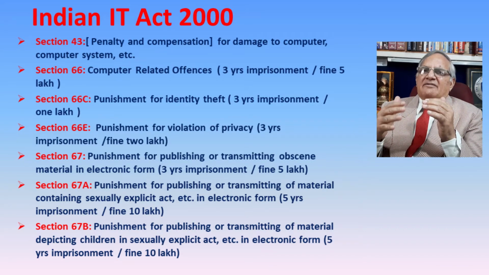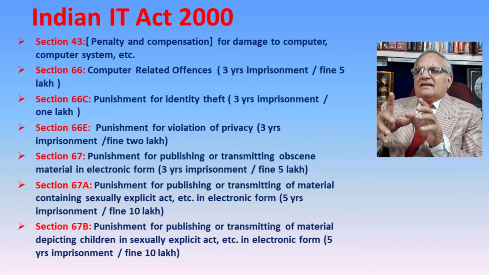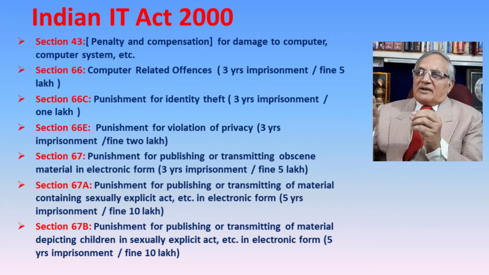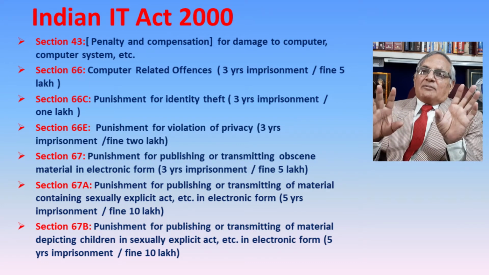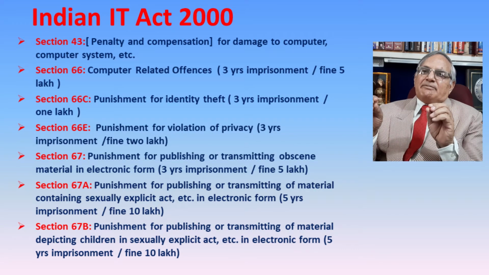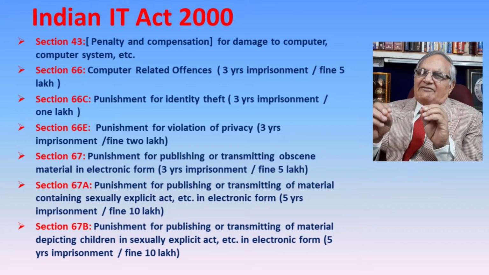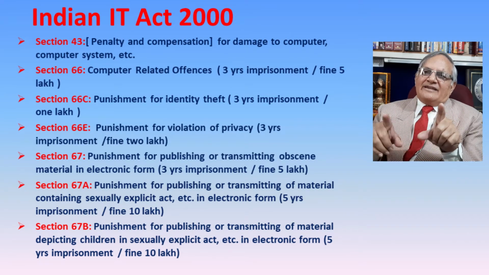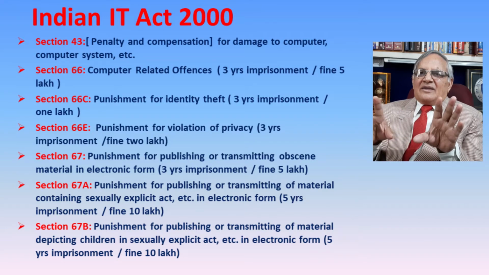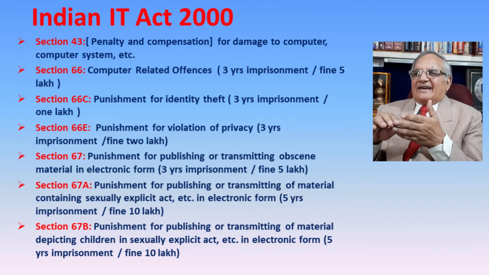In 67B, the culprit publishes or transmits material in any electronic form which depicts children engaged in sexually explicit acts, or creates text or digital images, collects, seeks, browses, downloads, promotes or advertises, exchanges or distributes material in any electronic form depicting children in an obscene, indecent or sexually explicit manner, or cultivates, entices or induces children into an online relationship for a sexually explicit act on the computer resource, or facilitates abusing children online.